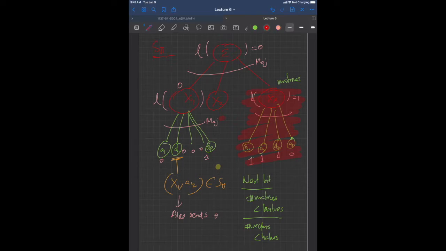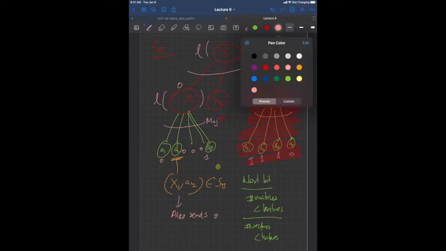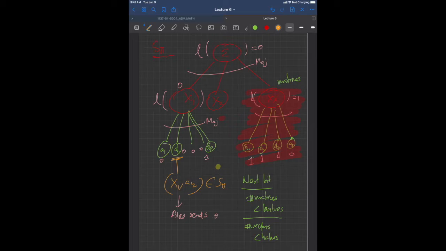So now, if you look at the 2 sets of inputs that are here, there is x1 a2 and x1 ap. At node pi, if you had x1 a2, Alice would send 0. So Alice sends this one here. And if at node pi you had x1 ap, she would send it to the right child.